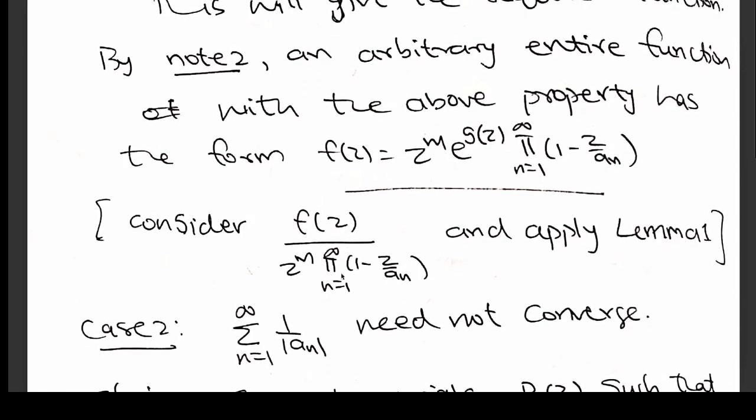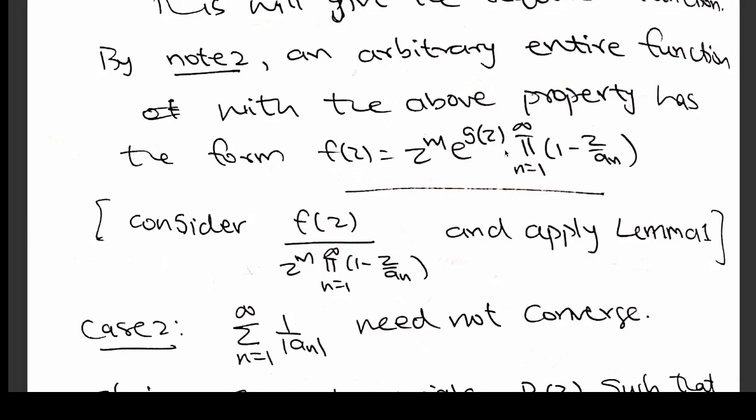This is an entire function with no zeros, because its only problem points are 0 and the a_n, but those will be removable singularities. So you can define it as an entire function which is non-zero. Then by our first lemma, you can write this as exponential power g(z). So f(z) will be this times exponential power g(z). That's what we get.